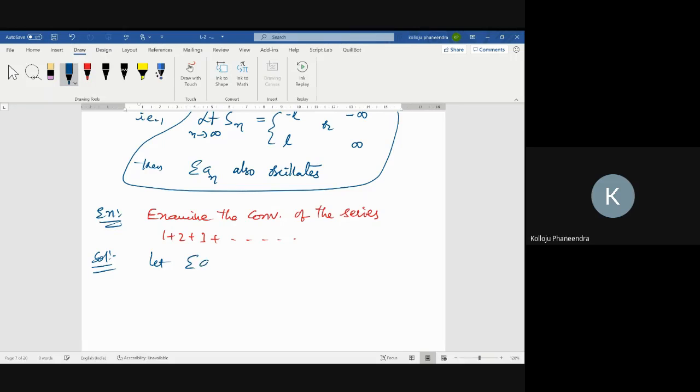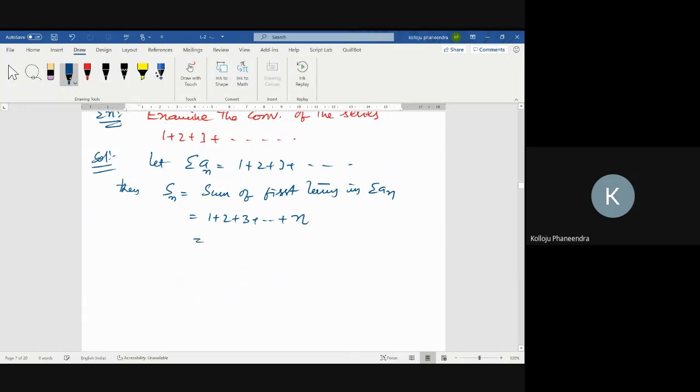Let sigma an, my series is 1 plus 2 plus 3 and so on, right? What is Sn? Sn means sequence of nth partial sum, sum of first n terms in sigma an. So 1 plus 2 plus 3 up to plus n. You know what is this? This is nothing but n into n plus 1 by 2.